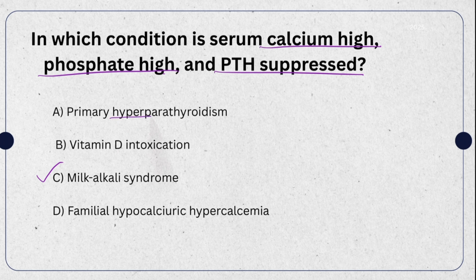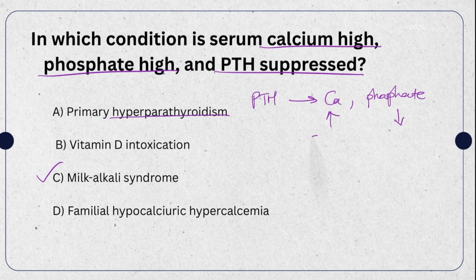So primary hyperparathyroidism is not correct because, firstly, the parathyroid hormone we know is responsible for regulating the calcium and phosphate levels in the blood. Parathyroid hormone is responsible for increasing the calcium level and decreasing the level of phosphate in the blood.